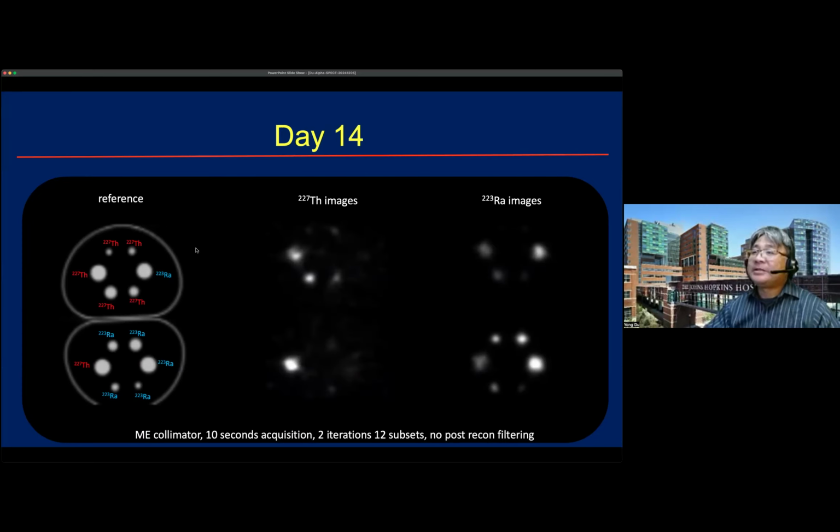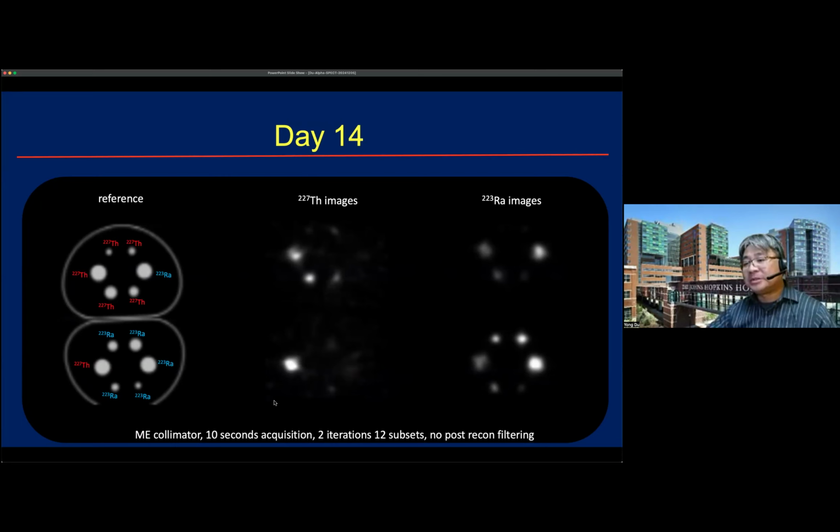However, on day 14, because thorium decays into radium, in those thorium spheres we also have a certain amount of radium showing up, and we can clearly see those spheres in the radium image. On the contrary, the radium doesn't show up in the thorium image because radium is the daughter of thorium. So this clearly shows that we can separate the two radionuclides in the reconstruction.